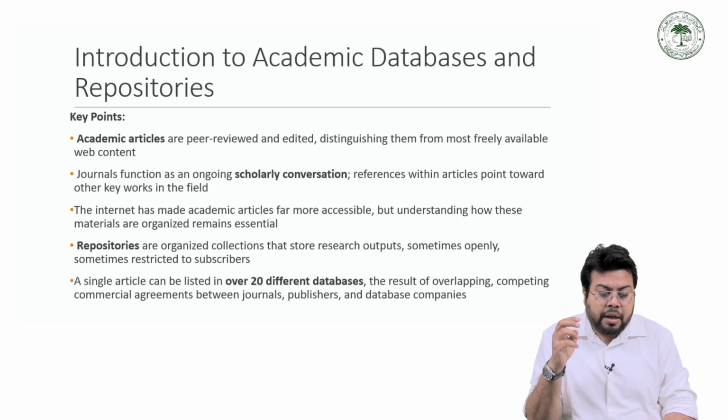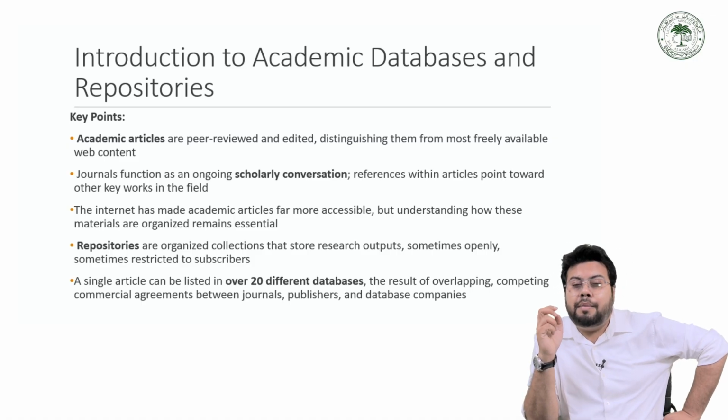Repositories are organized collections that store research outputs, sometimes openly, sometimes restricted to subscribers. And lastly, a single article can be listed in over 20 different databases, the result of competing commercial agreements between journals, publishers, and the database companies.